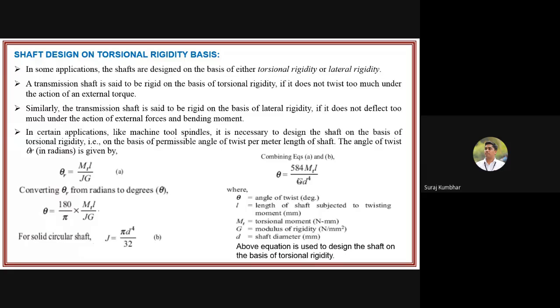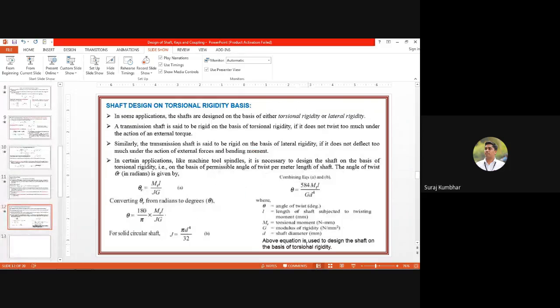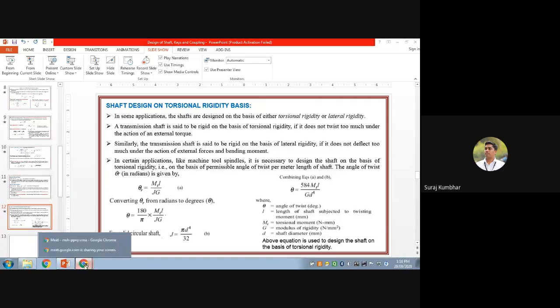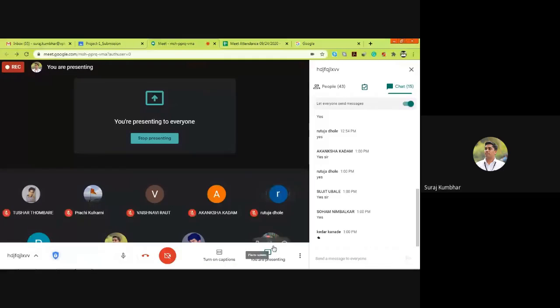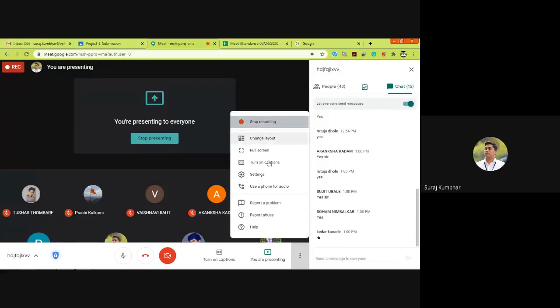Directly they will give you the problem statement and ask you to design the shaft on the basis of the ASME code. On that ASME code the same formulas we are going to use, don't worry. There is a standard procedure, you have to follow it and design the shaft. Okay, that is design of a shaft on the basis of the ASME code.